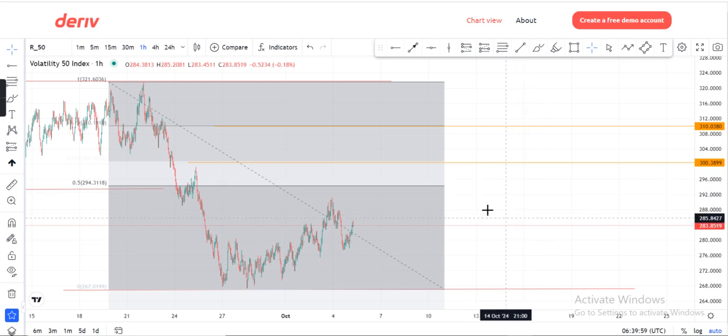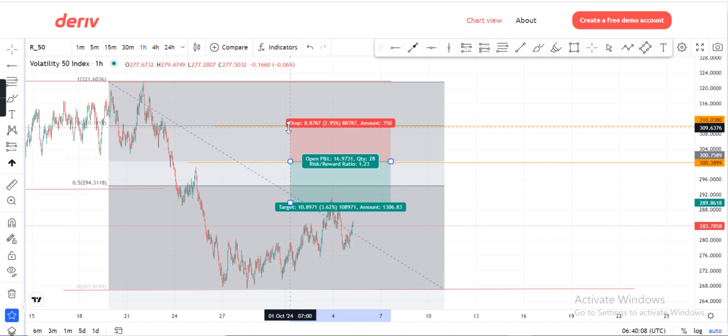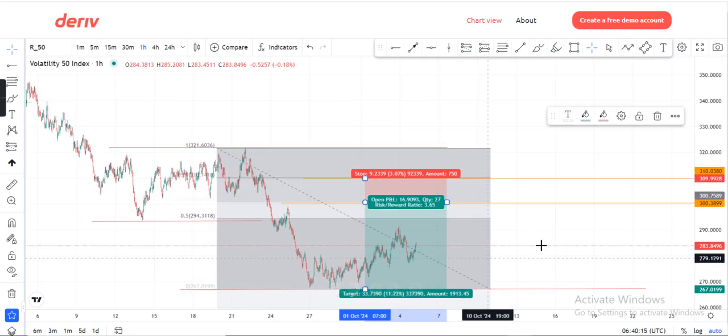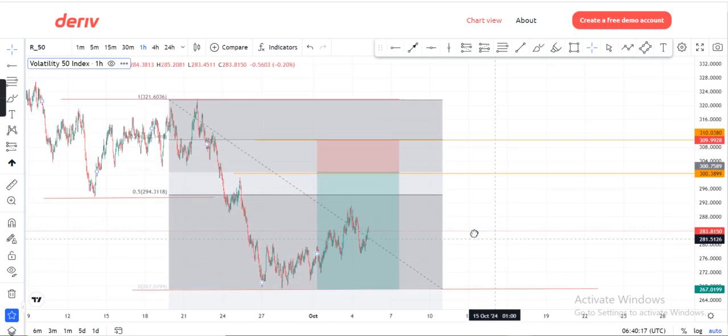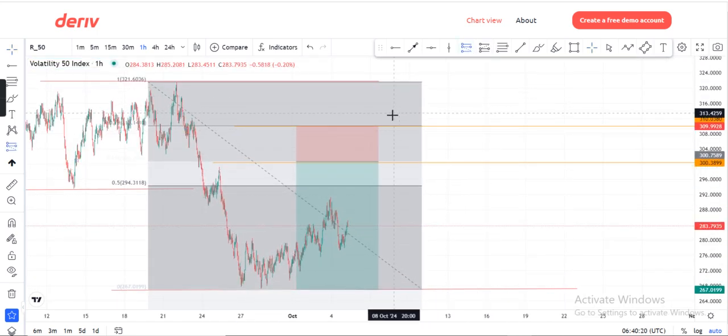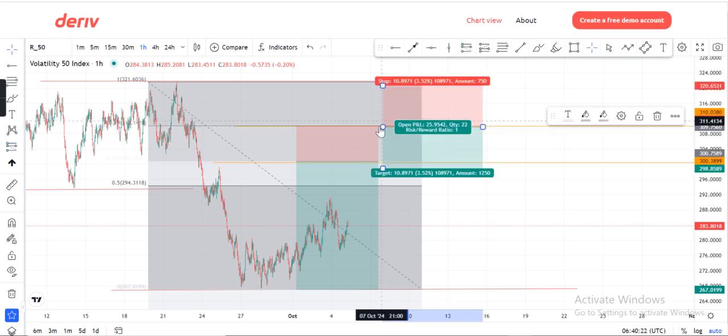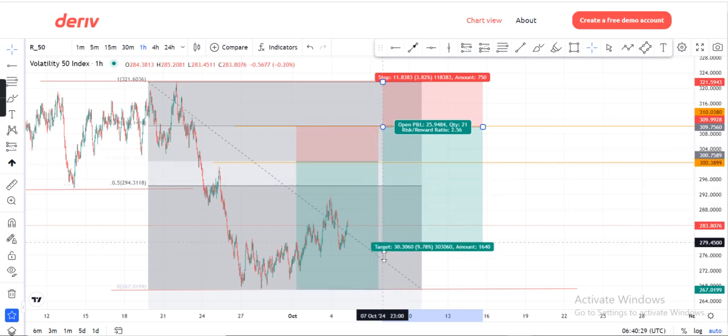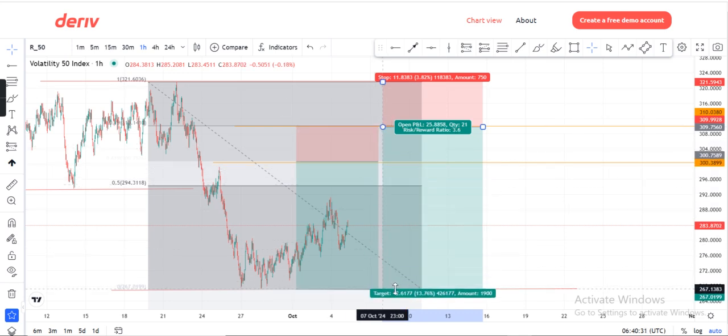So what are we going to be doing? We are going to put our short, telling us that if price gets into this area, we'll be looking out for sells, which is taking our short and dragging it down to that point. And then if price also gets into this area, we'll be looking out for shorts from there into this point.